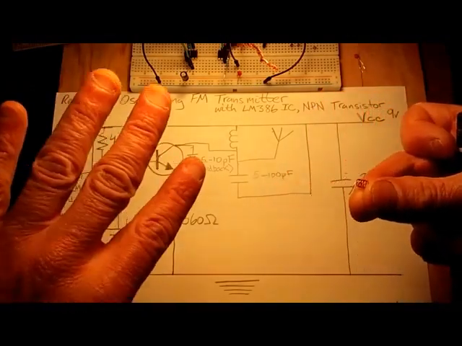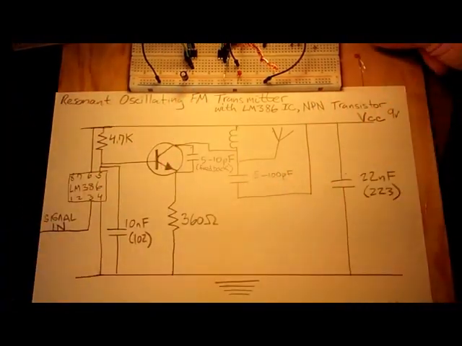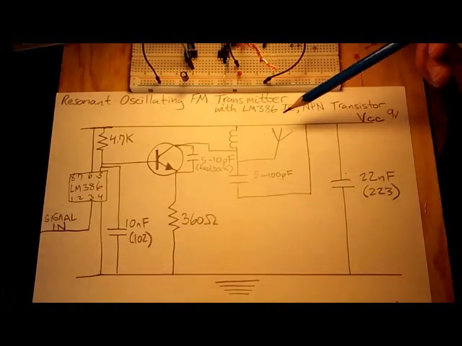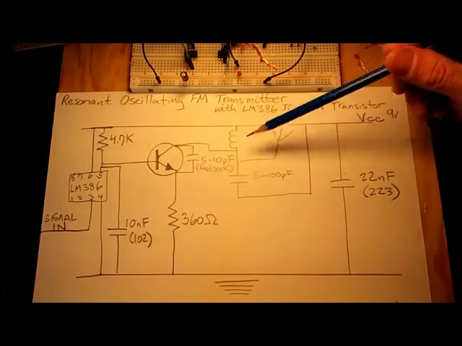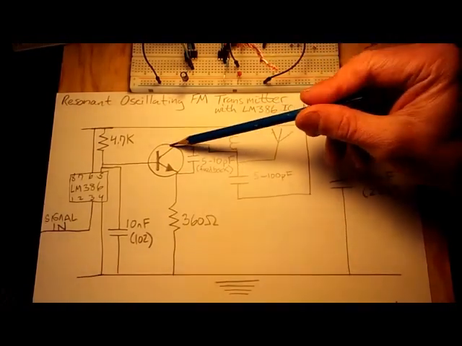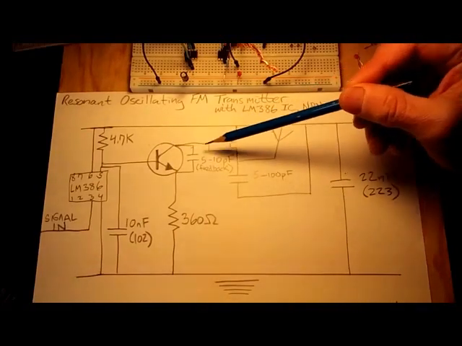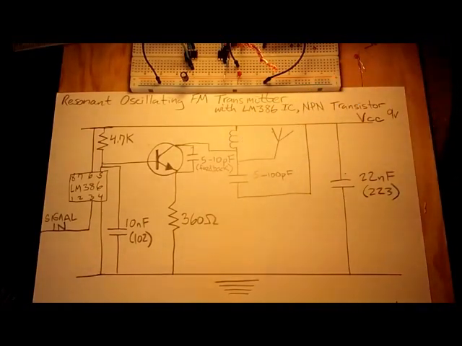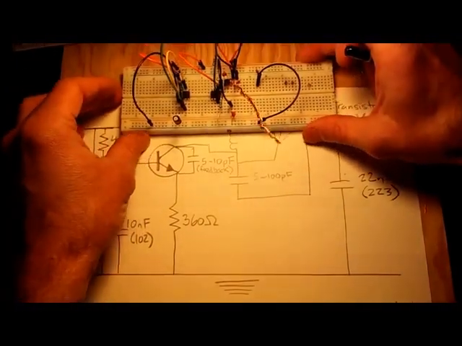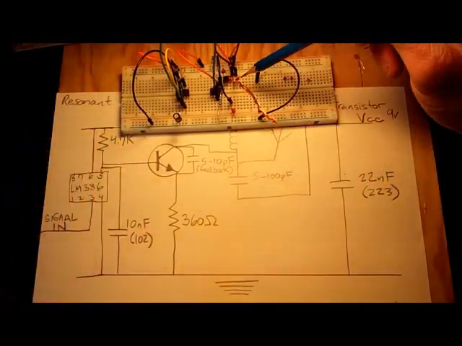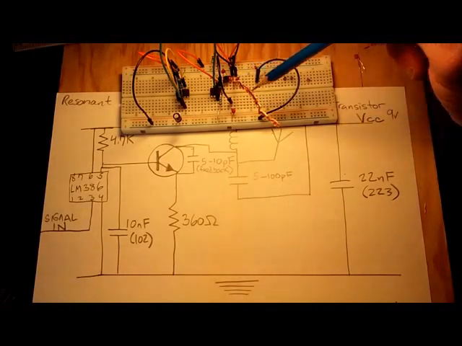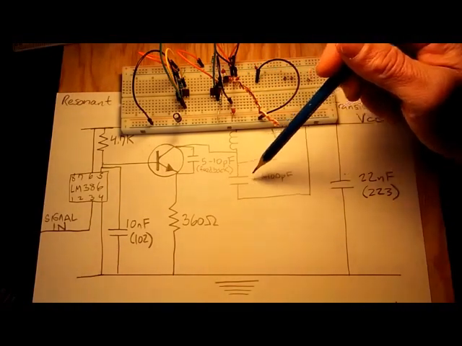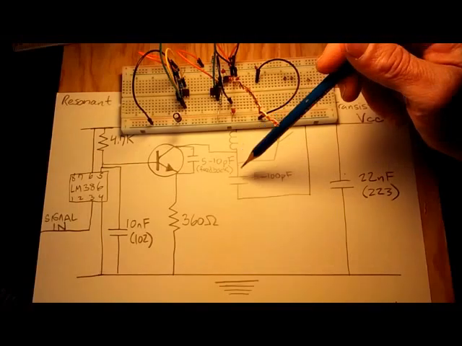Today I'm using a 4-turn coil instead of a 5-turn. And so that's right here, and that's going into the collector of the NPN. And then we've got our tank circuit. We've got our tank circuit capacitor right here, which is a 10 picofarad value today.